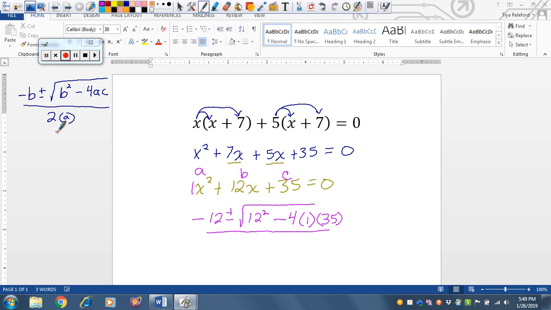All divided by 2 times a. So push pause, make sure you write it all down, and make sure it matches mine perfectly. And then we'll simplify.